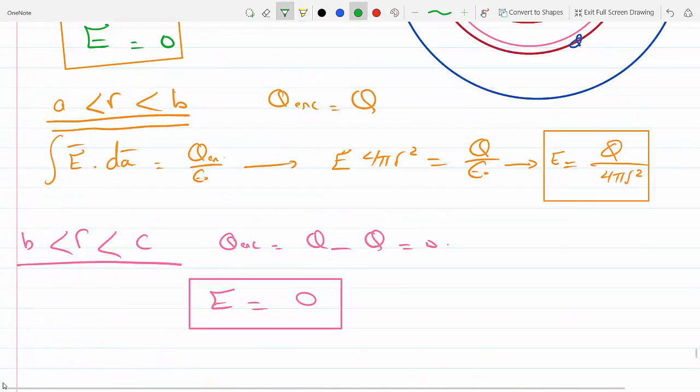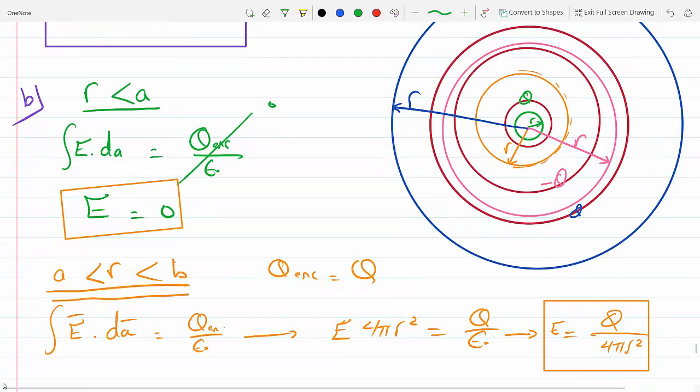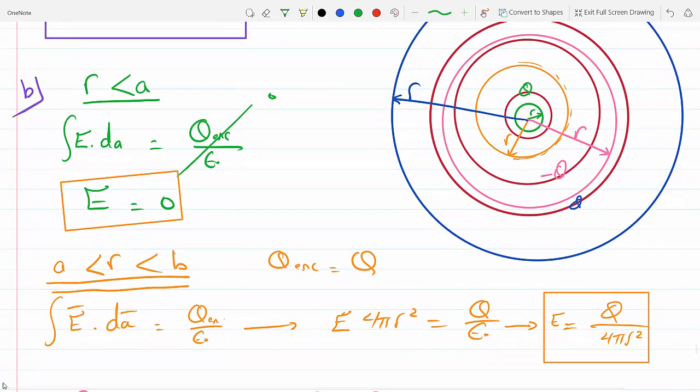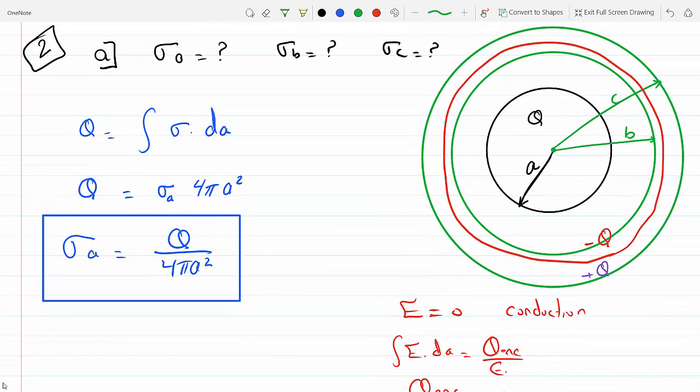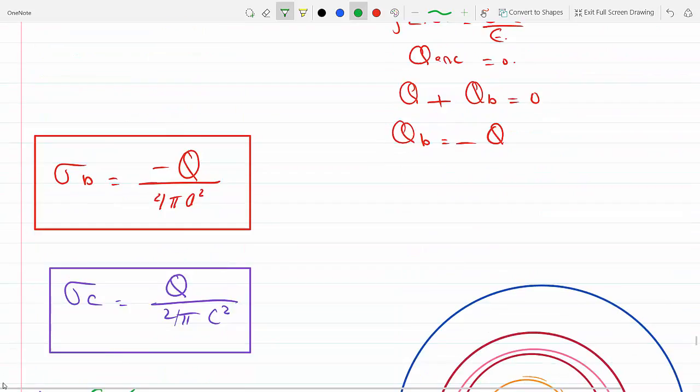Between B and C it's 0, outside it's Q, yeah, okay, now it's all plus.